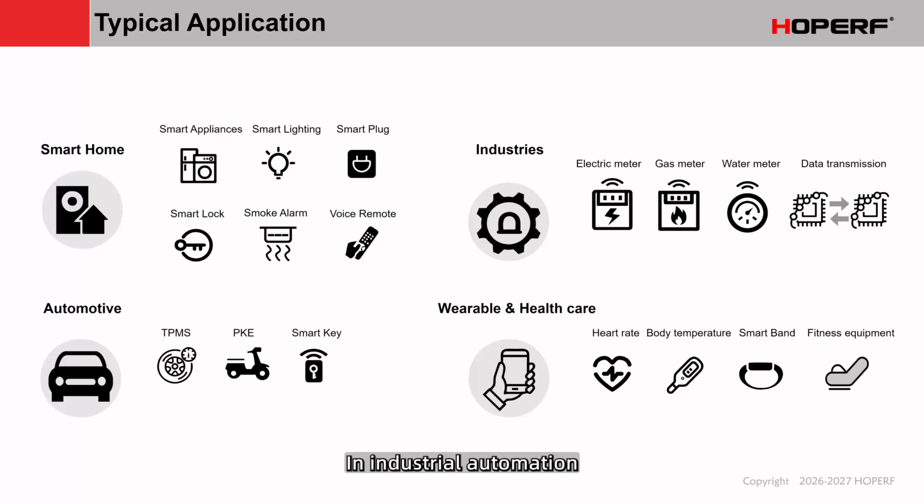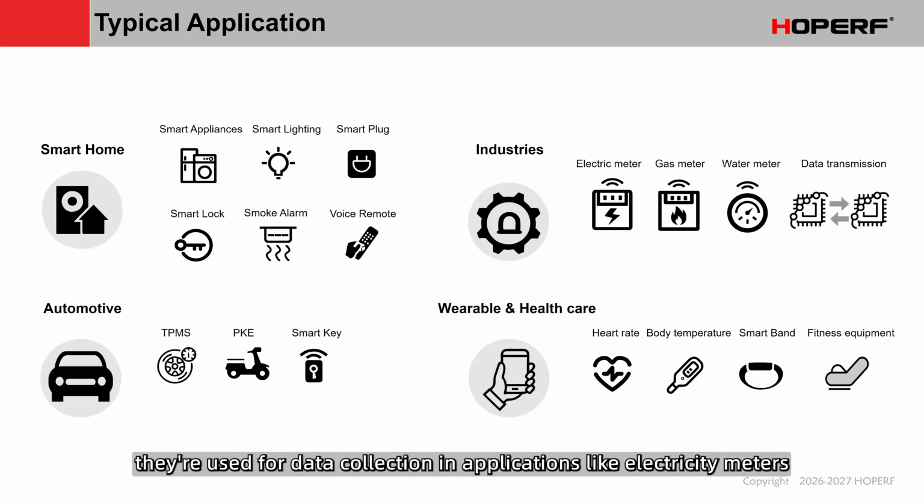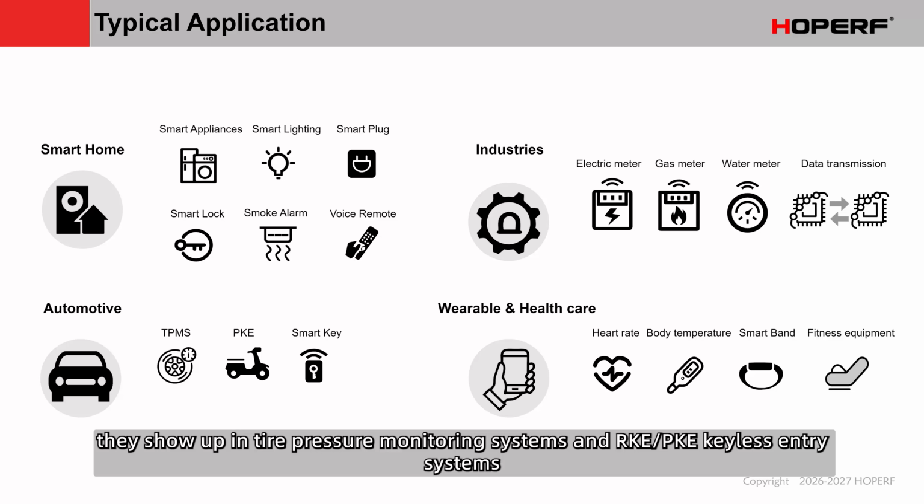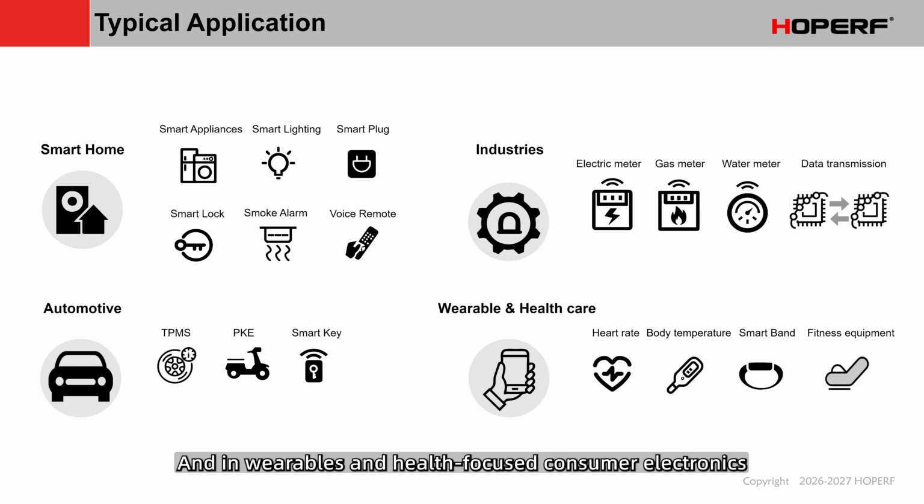In industrial automation, they are used for data collection in applications like electricity meters, gas meters, water meters, and thermostats. In automotive electronics, they show up in tire pressure monitoring systems and RKE/PKE keyless entry systems. And in wearables and health-focused consumer electronics, you see them in things like weather stations.